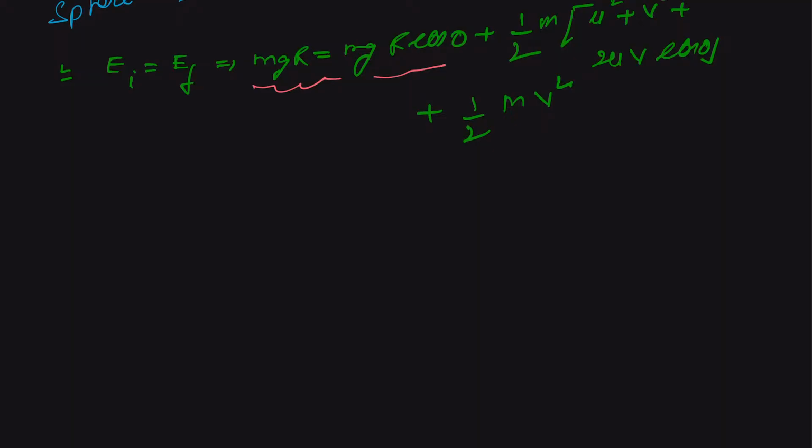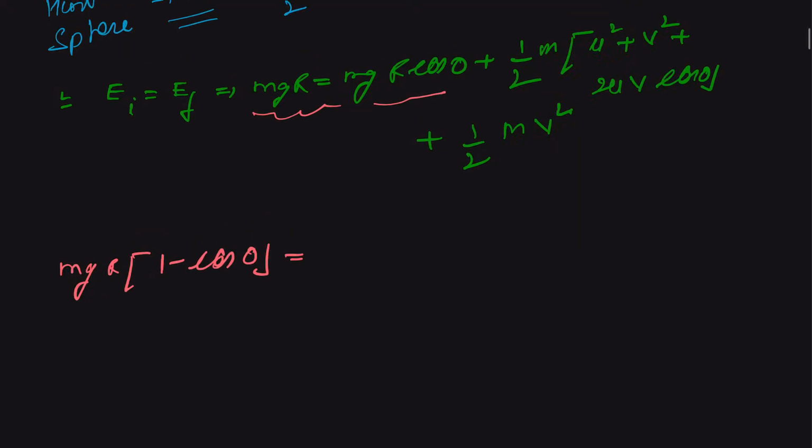We take mgr common, so this comes as mgr times 1 minus cos of theta. Let us open the bracket also, so we get half m u square plus half m v square.